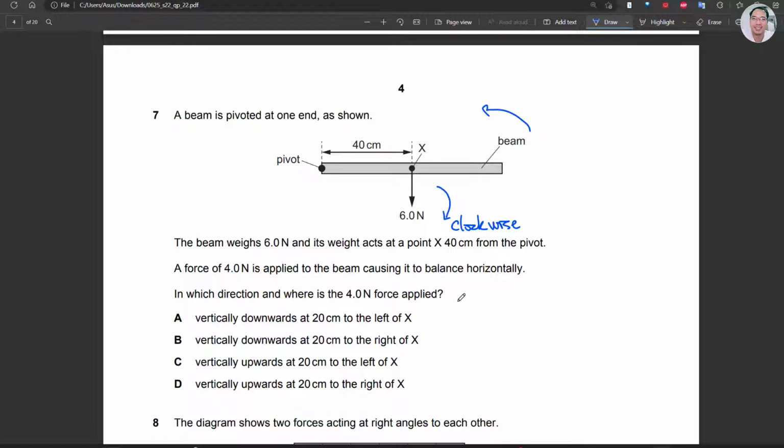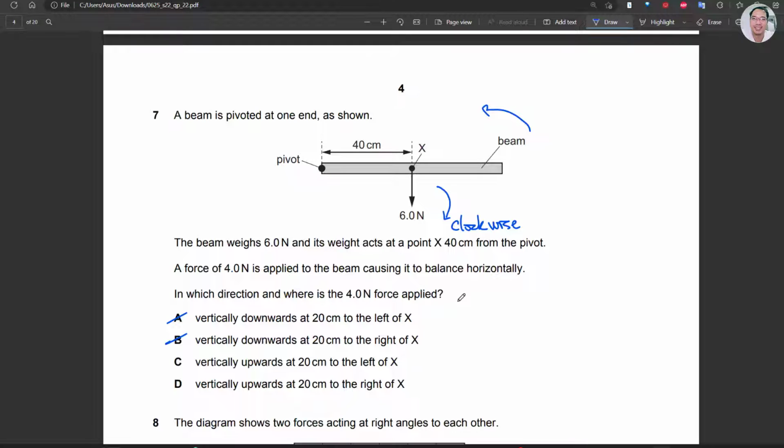So the force must be upwards. It could be on the right or on the left, and we can do some calculation to find its value. So it must be upward. Therefore, we can eliminate the other two options.